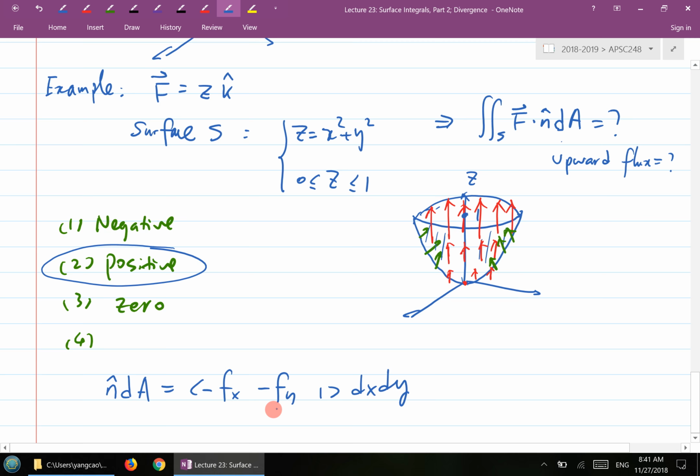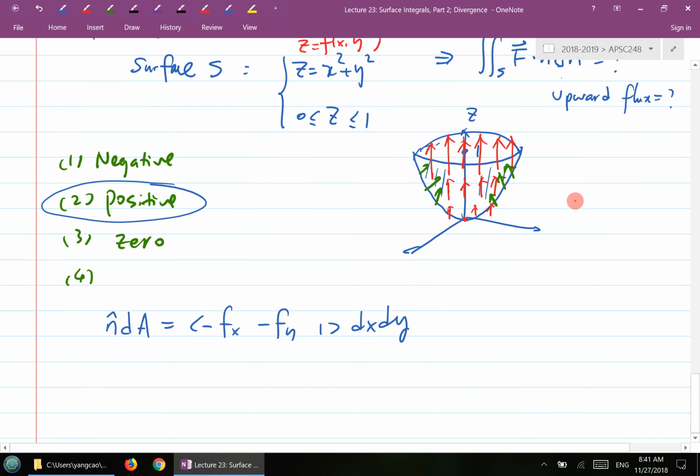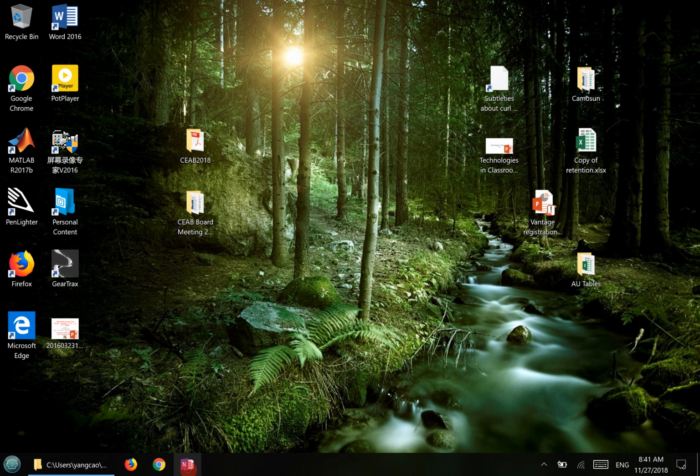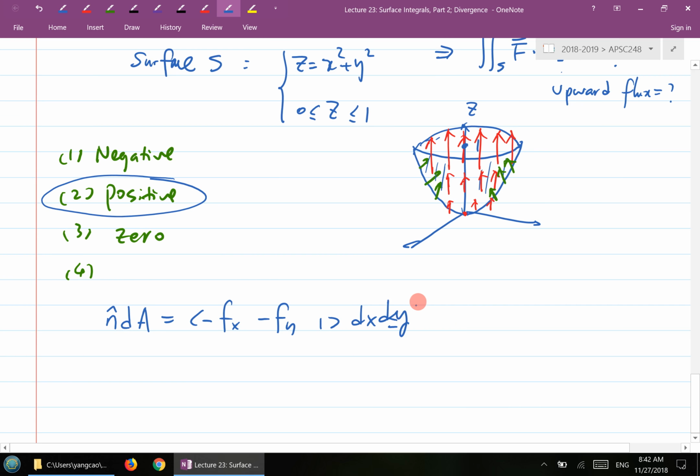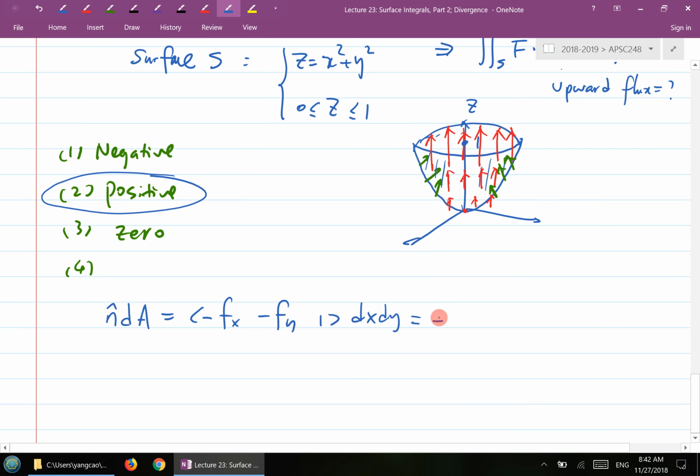Remember this f here, that's basically your surface function f of x, y. Now I can calculate the two partial derivatives. Here's your function f of x, y, so this is negative 2x, negative 2y, 1, dx dy. That's n hat dA.